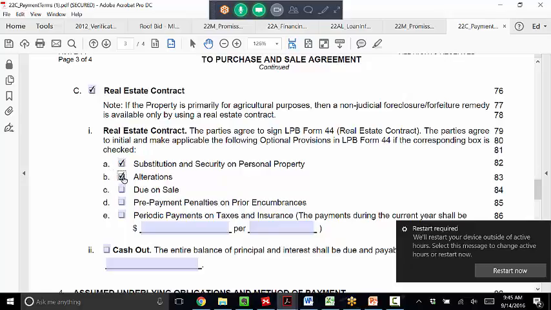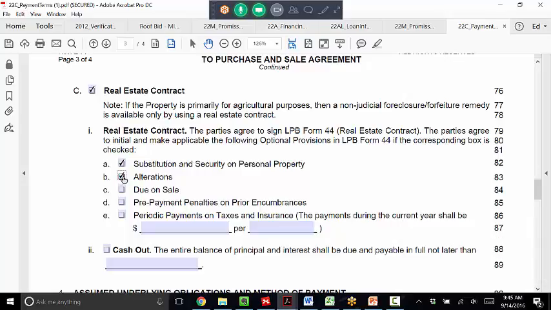Alterations, that would be if you're going to alter the agreement and customize it and potentially alter the land. In fact, you guys were going to, in your scenario, Linda, build like an entertainment thing, right? So that would be an alteration. You're changing the use of the land.